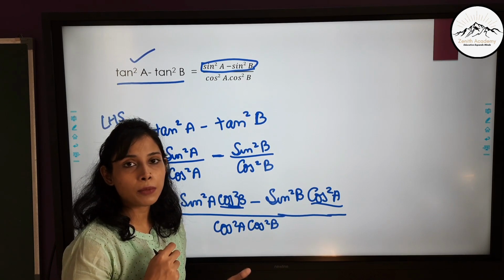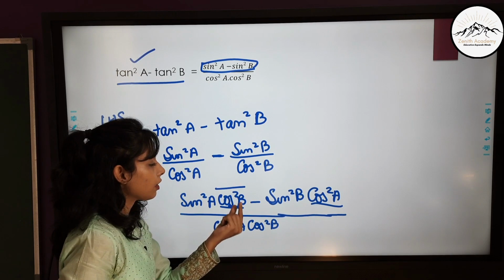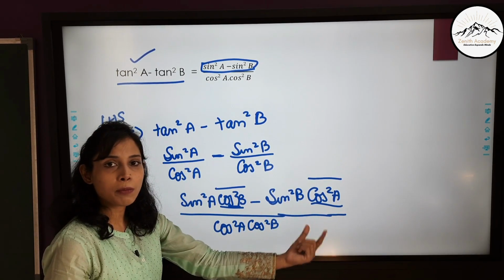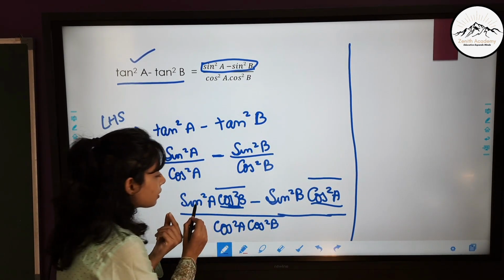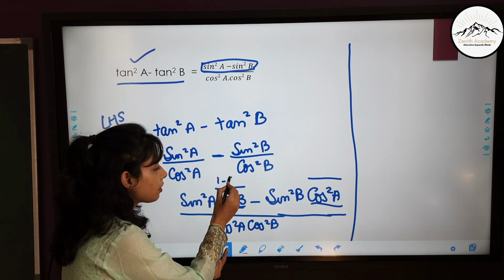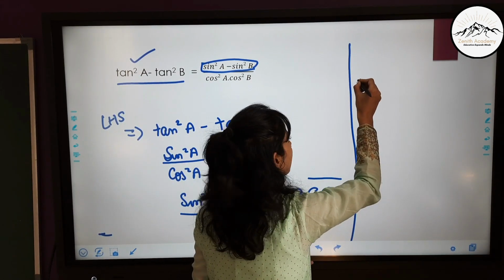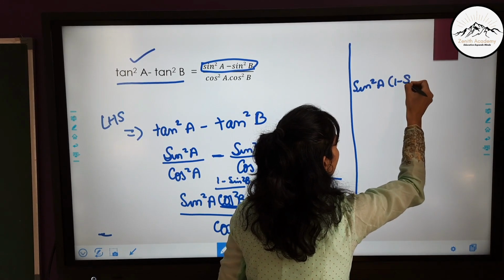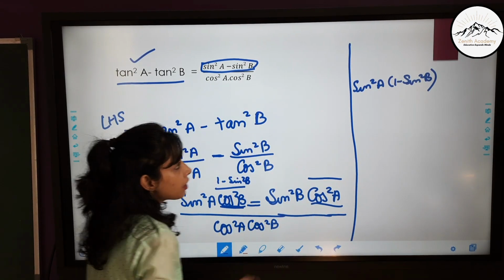See, we know sine square A plus cos square A is equal to 1. So for cos square B, we can write it as 1 minus sine square B, and for cos square A, we can write it as 1 minus sine square A. Now here, this is sine square A into, if we write cos square B, 1 minus sine square B. This is our minus sign.